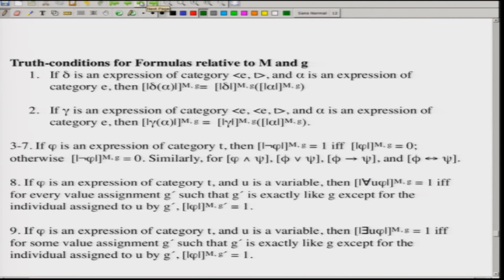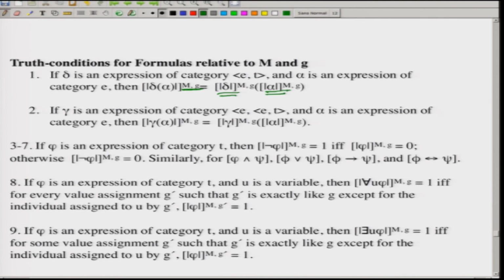If delta is an expression of category e to t, that is a one place predicate, and alpha is an expression of category e, then the value of delta alpha, not mentioning the index M comma g which is always there, will be the value of delta applied to alpha as an argument.